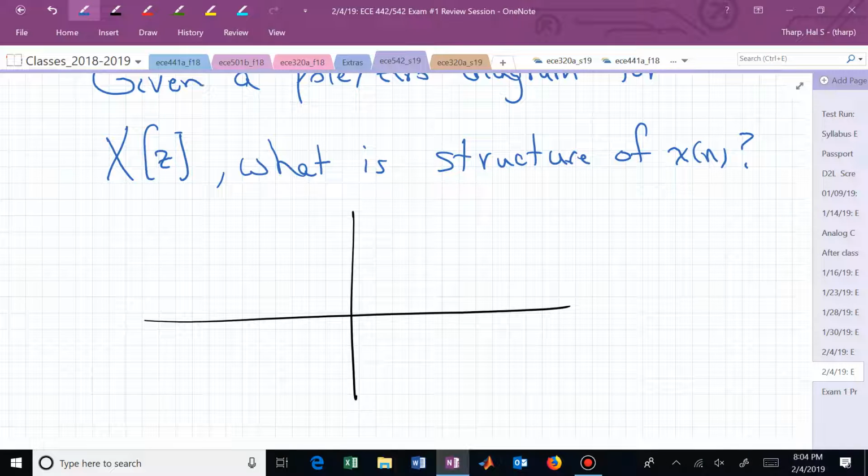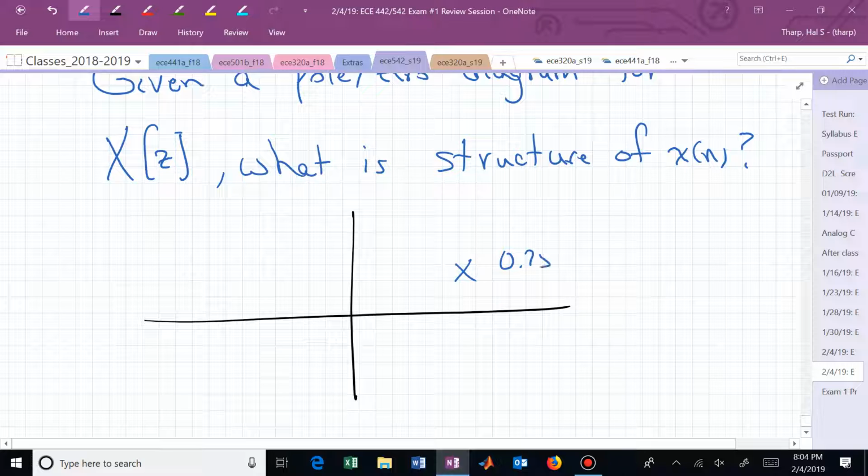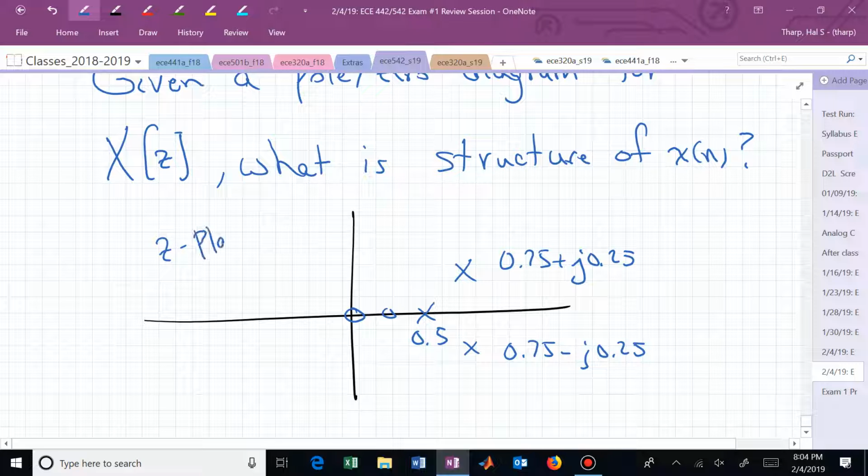So that now maybe I give you 0.75 plus j 0.25, 0.75 minus j 0.25, and maybe this is at 0.5, and I throw some zeros in there, where this is now the z-plane. You should be able to now find the structure of your x of n based on that pole zero pattern. It'll depend only on the poles.